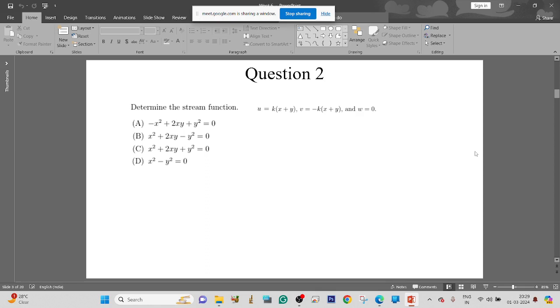So what is the final equation that we are getting? I think, wait 1 second. It will be stream function. I think it's written wrong. Yes, it will be streamline only.